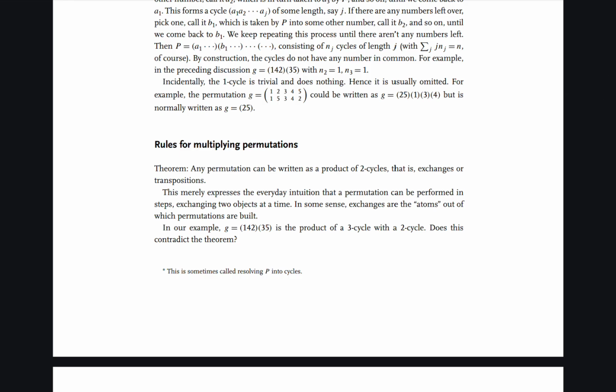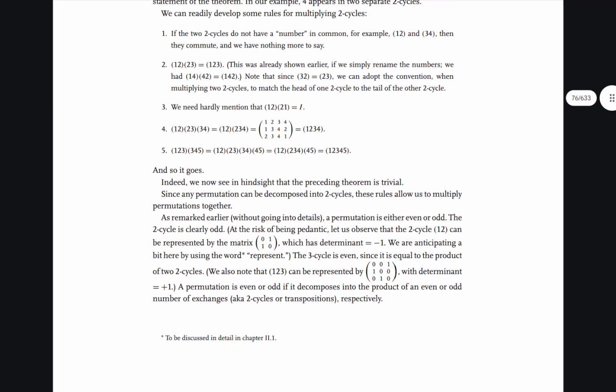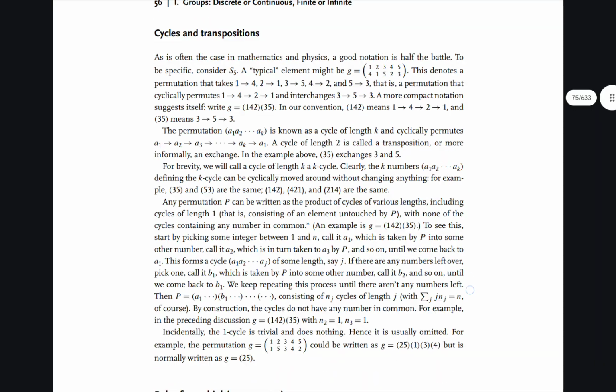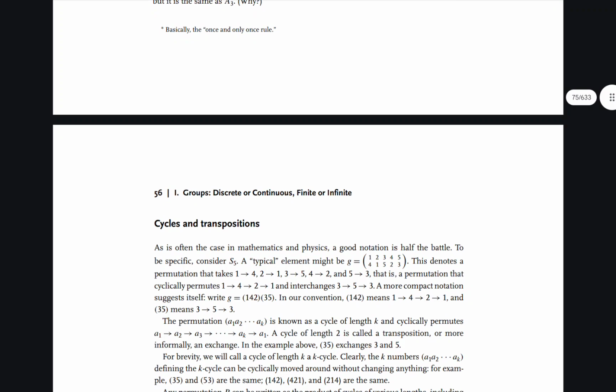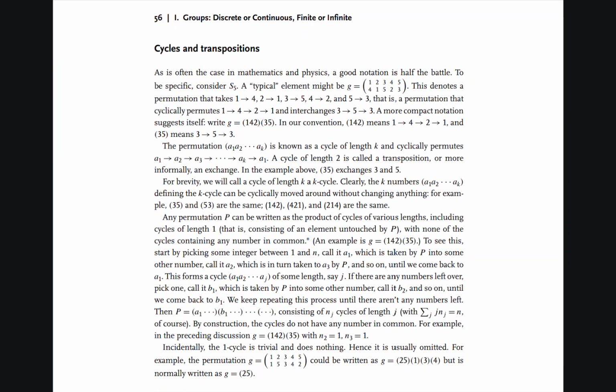Remember that it was said somewhere around here, I don't remember where it was written, let me see. Basically, they said that from any permutation group you have, whatever element is inside it, you can always decompose it into a pair of exchanges.